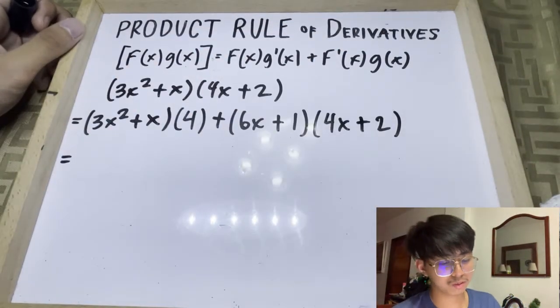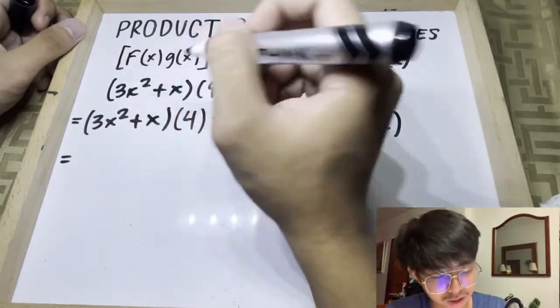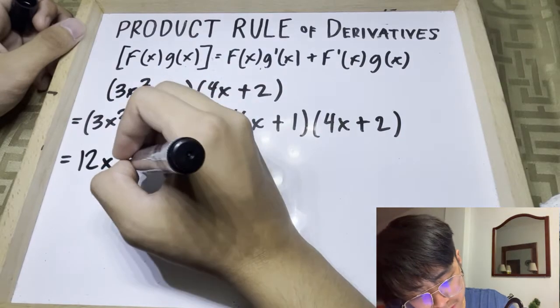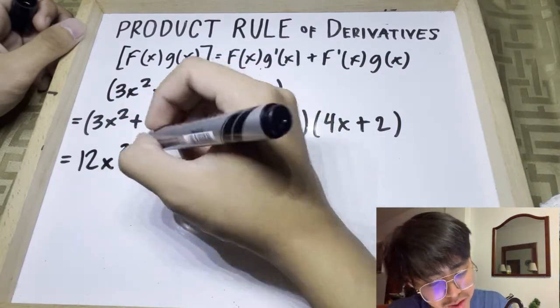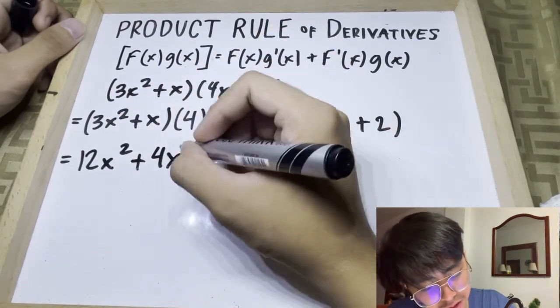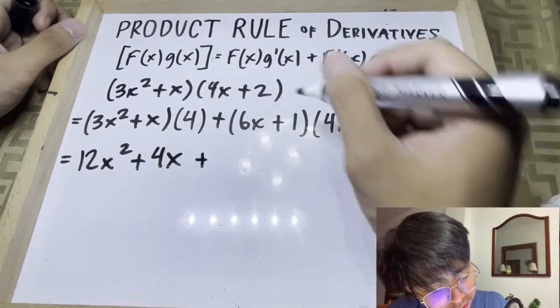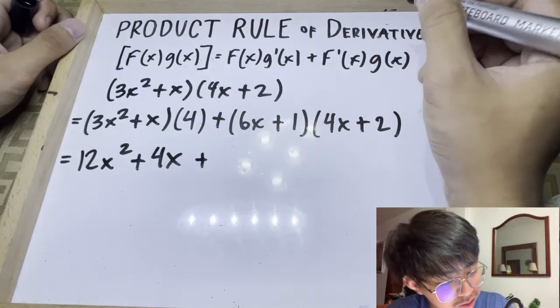Then we continue. We multiply. 3x squared times 4 is equal to 12x squared, plus x times 4 is equal to 4x. Then we add the plus sign here. We multiply. We can use the FOIL method here.